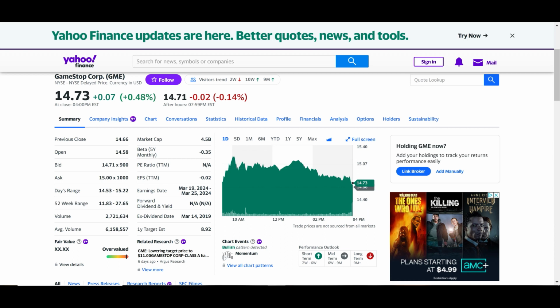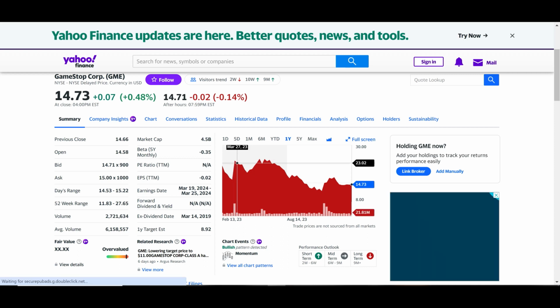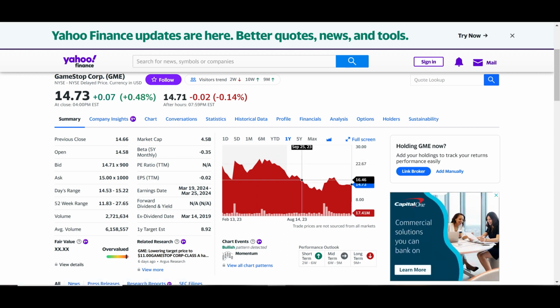So let's just curiously see what they've been doing for the last year. One year, yeah, it doesn't look good. Too much volatility, and no real up and to the right. But one year isn't really a good indicator.